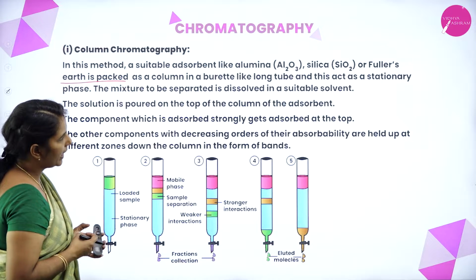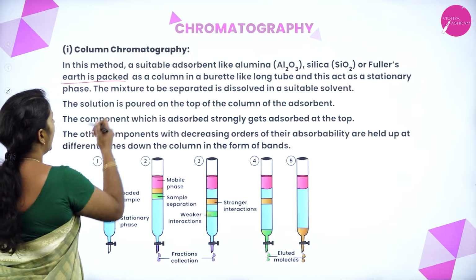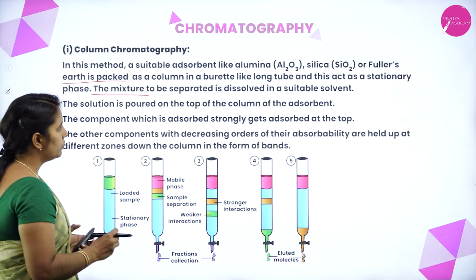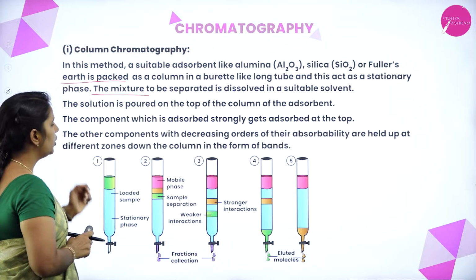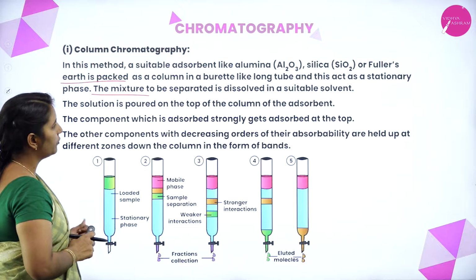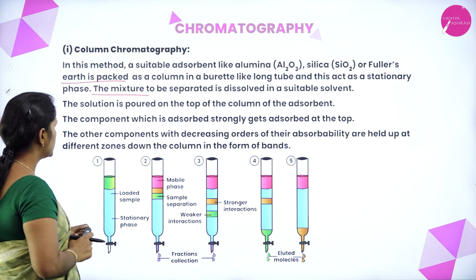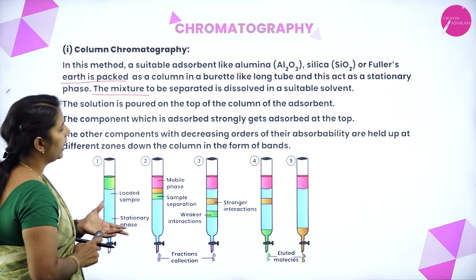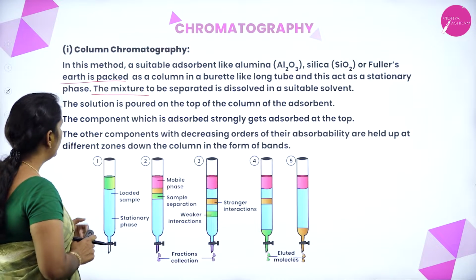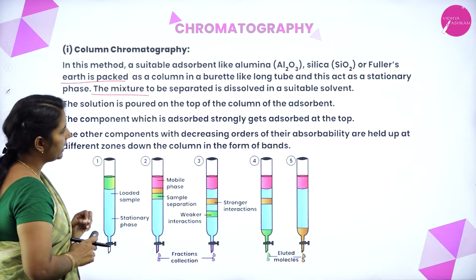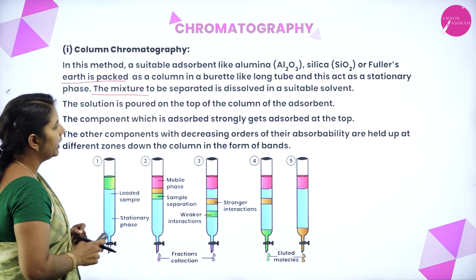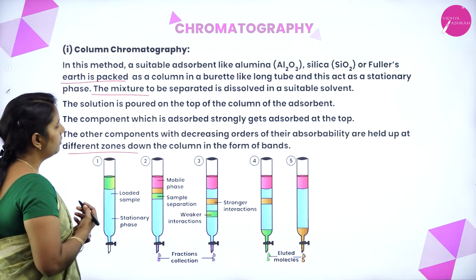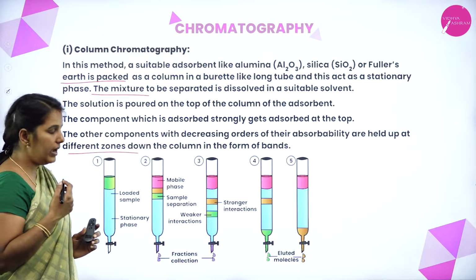Then it acts as a stationary phase, and the mixture is dissolved in a suitable solvent. The solution is poured on the top of the column of the adsorbent, and the component which is adsorbed strongly is held at the top, and the other components, in decreasing order of their adsorbability, are held at different zones down the column as different bands.